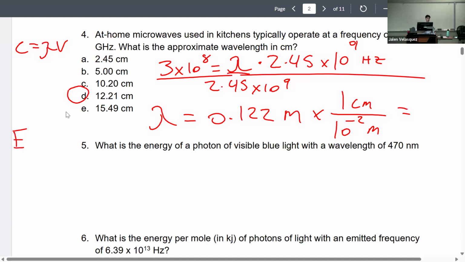So remember, there's two energy equations, right? What's one of them? Hc, who knows what goes on the denominator? Lambda.